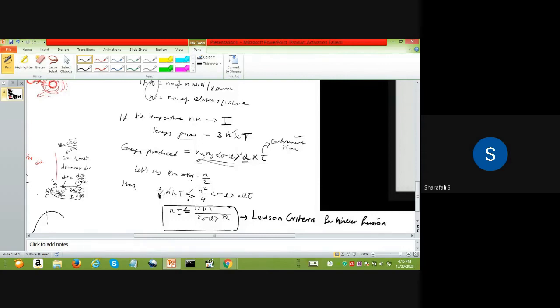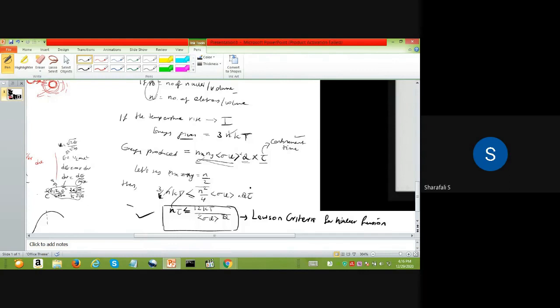That can be obtained using this condition: the concentration of nuclei, the number of nuclei per unit volume, multiplied by the confinement time, should be less than or equal to 12 kT by the average value of sigma v times q. Then only will we get some beneficial energy from the nuclear fusion process.